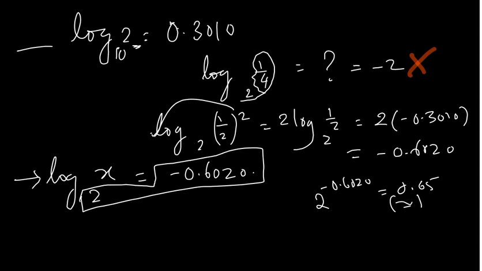So what I am trying to say is that if I have 1 by 4, 2 to the power of x equal to 1 by 4, can you tell me what is the value?